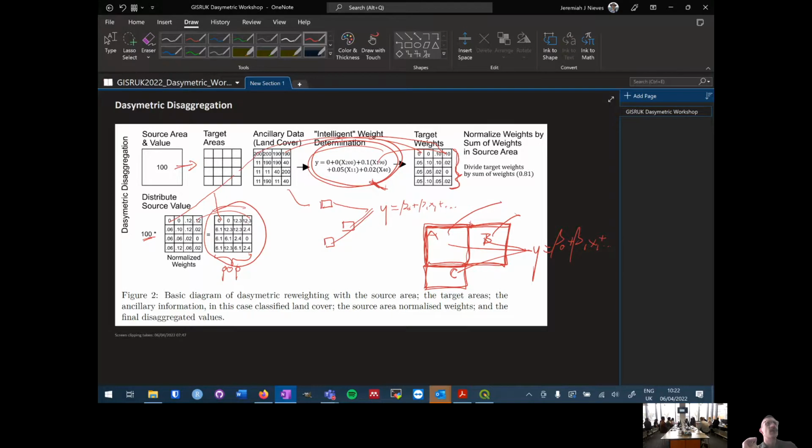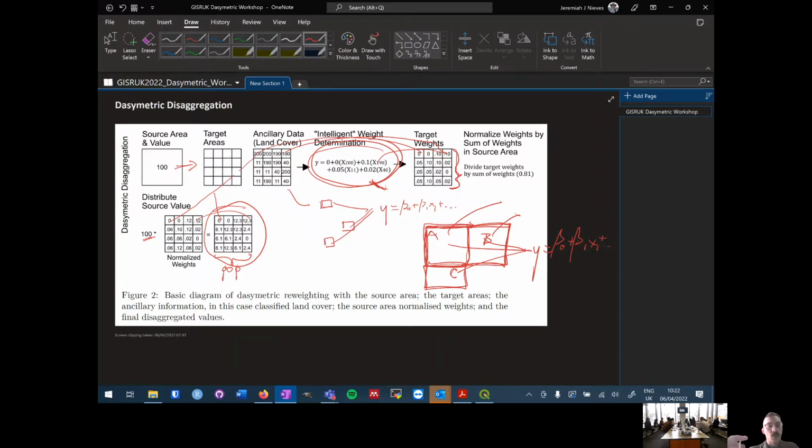You are going to have greater uncertainty introduced because of the spatial difference in those units than if you were to have a 1 kilometer by 1 kilometer square and trying to disaggregate to 100 meter by 100 meter.